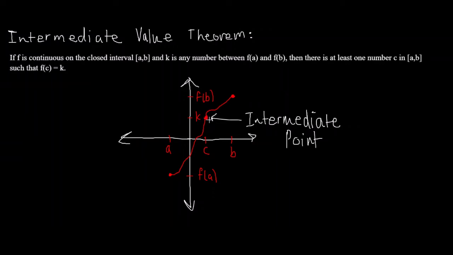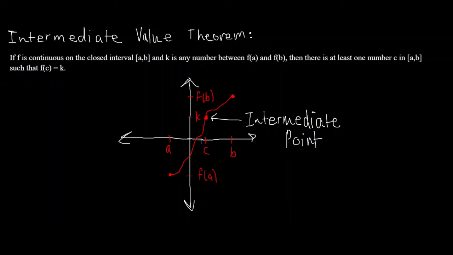So c comma k, there's some point there in between a comma f of a and b comma f of b. And that's all it's saying. And this has to be in a continuous function, which is why we had to learn continuity before.